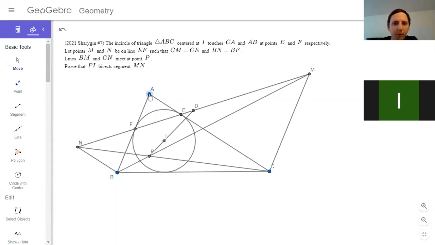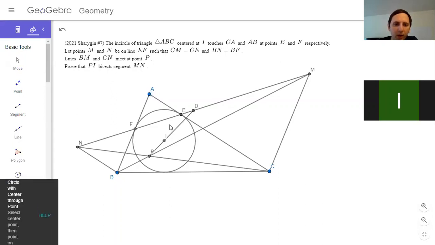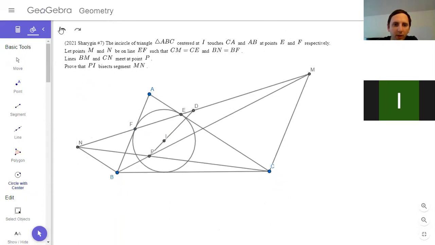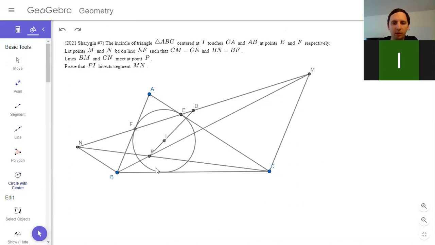Are there any congruent triangles here? Let's see.